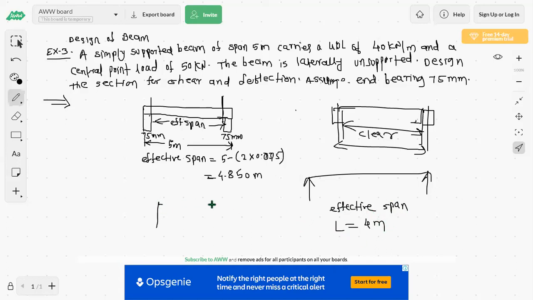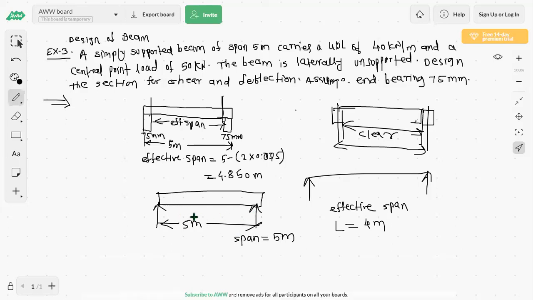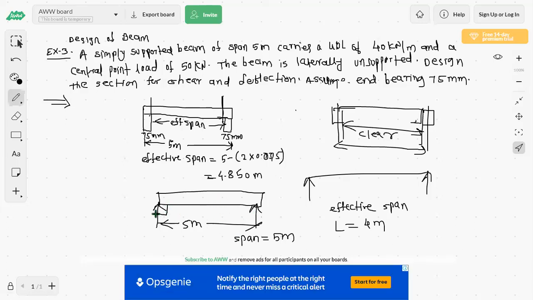If they have told in the examination only the span, suppose 5 meter, so this is the whole span, and they have also given the end bearings, like here I have written end bearings.